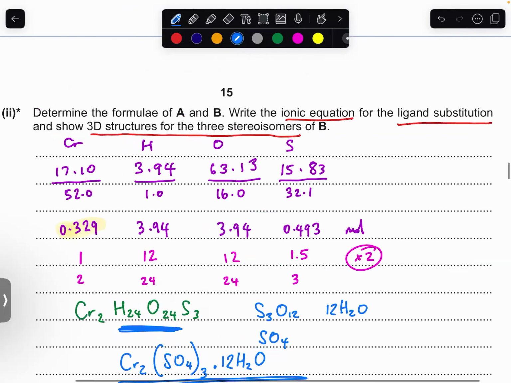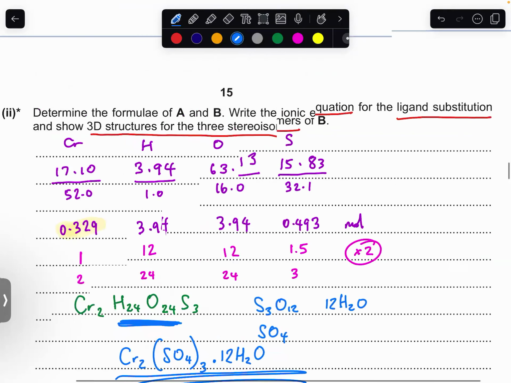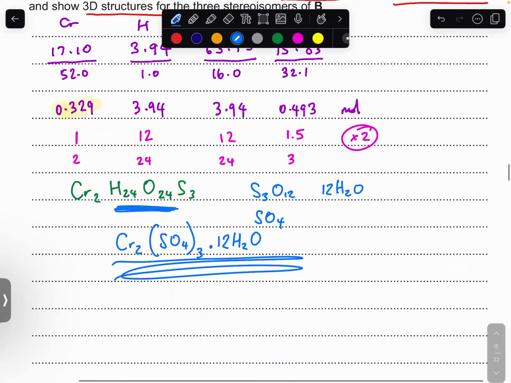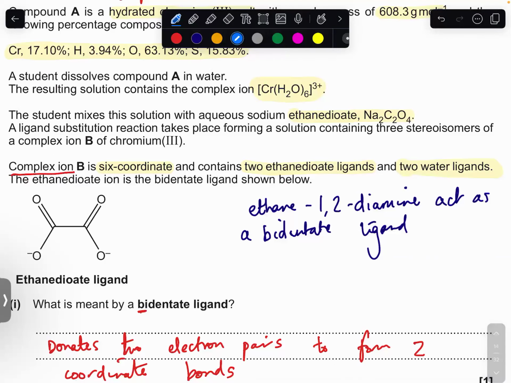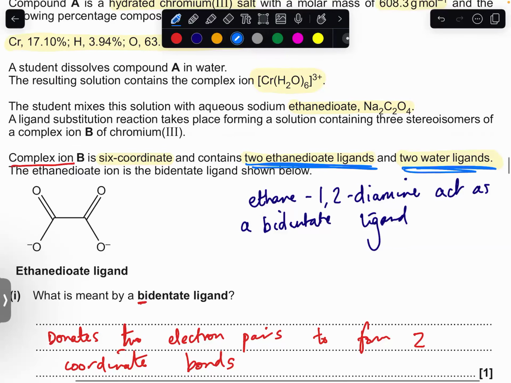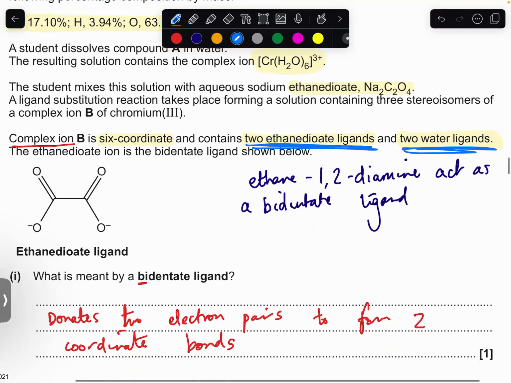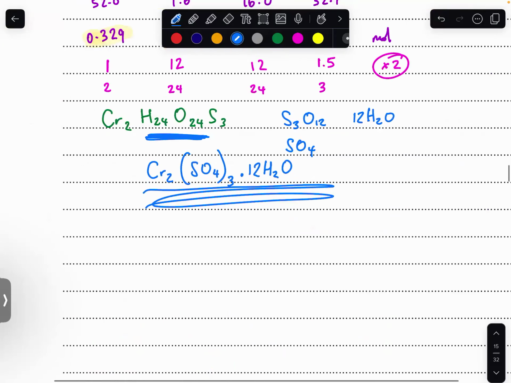Let's look at determining the formula of B. In B, it tells you that there are 2 ethanedioate ligands and 2 water ligands. So they also want the equation for the ligand substitution.